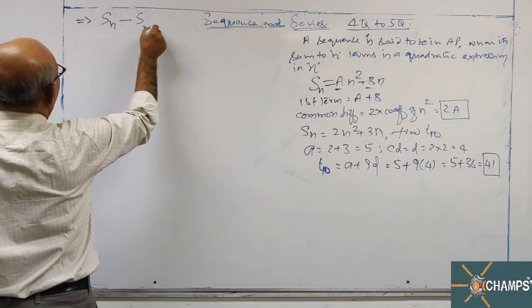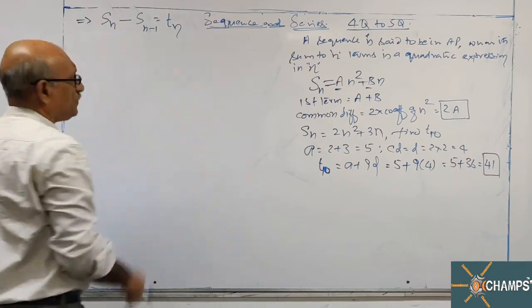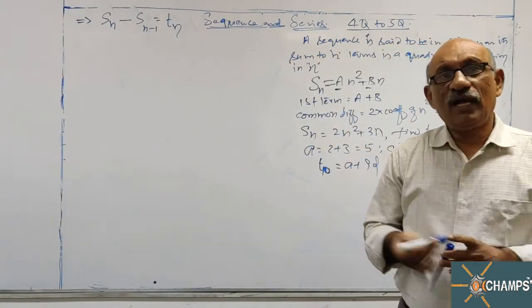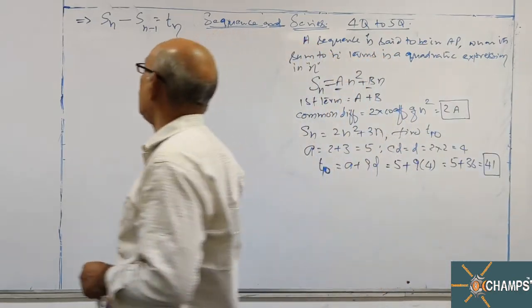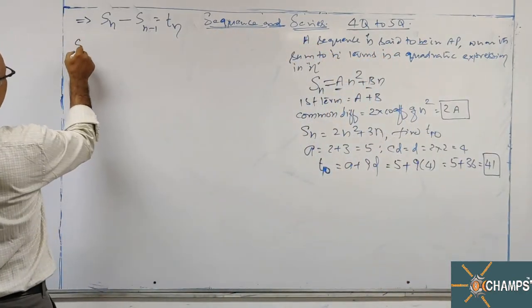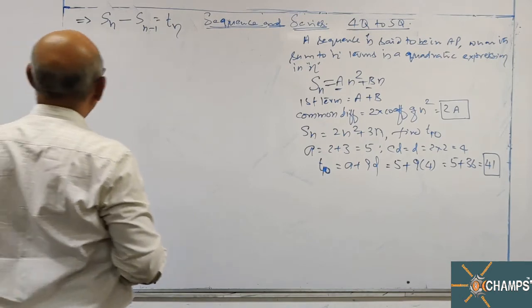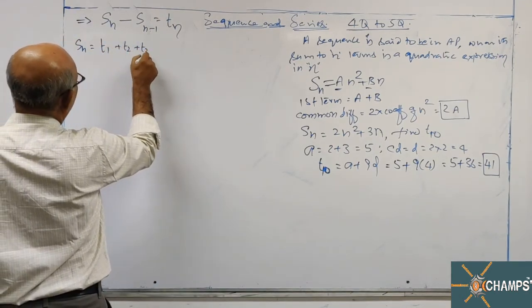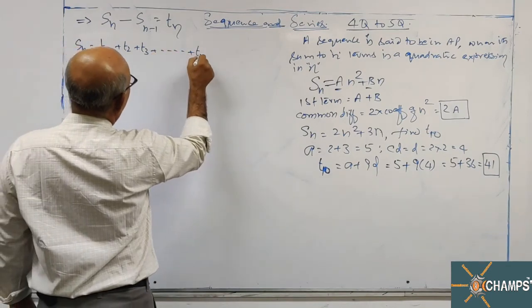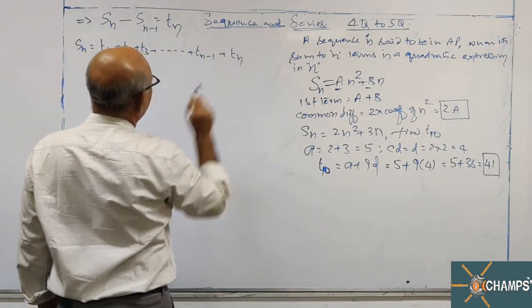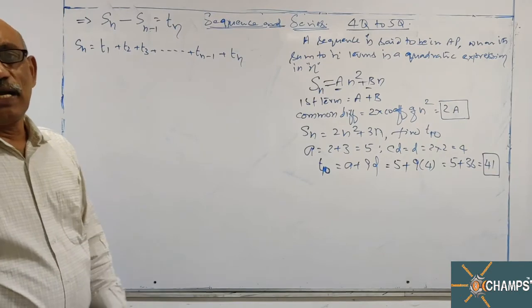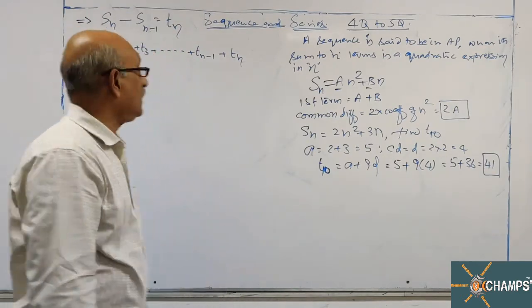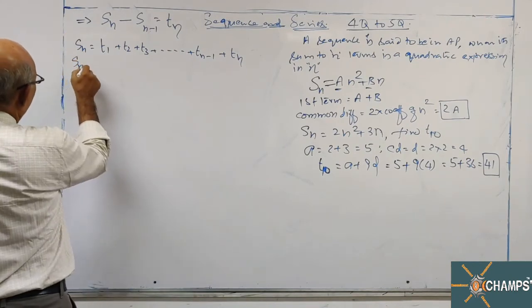Next, Sn minus S of n minus 1 is equal to Tn. Let us see. Sn means the sum to n terms of the sequence T1 plus T2 plus T3 plus etc. plus T of n minus 1 plus Tn. There are n terms; adding these n terms, I'll get Sn. What is S of n minus 1?